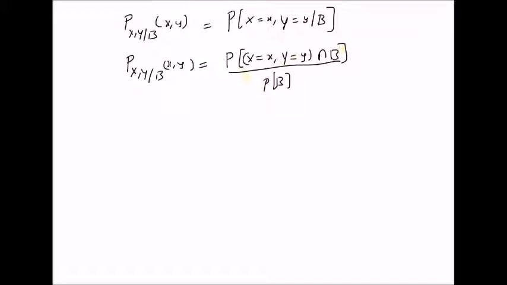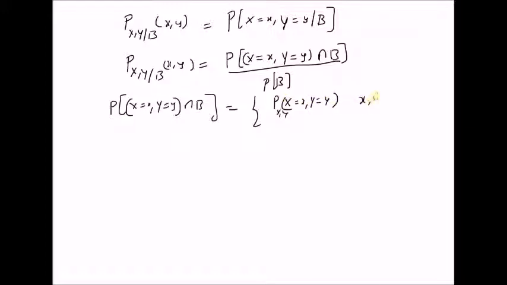Using the numerator, the probability of X equal to x, Y equal to y, intersection with event B, can be easily rewritten as follows. It is equal to the joint function P_{X,Y}(x,y) for only the values of x,y that are in the event B, and it is equal to 0 for all the other values of x,y.